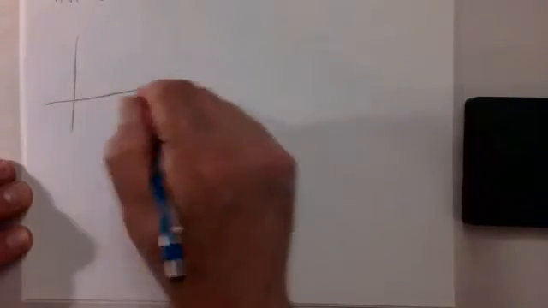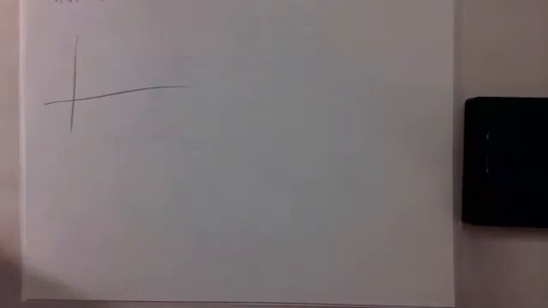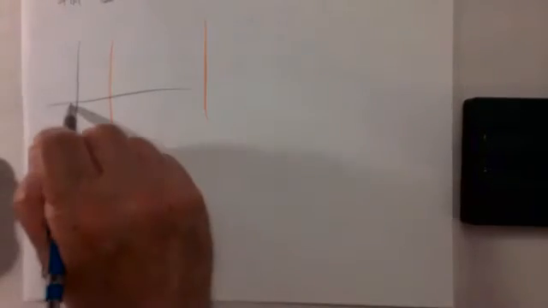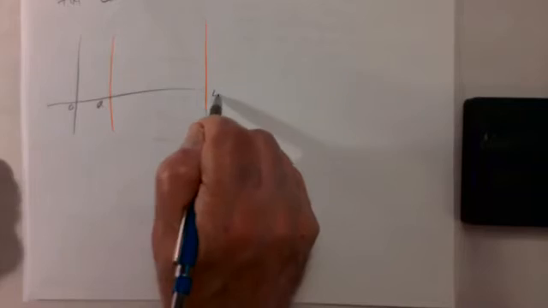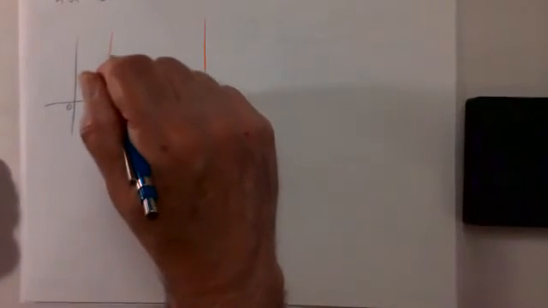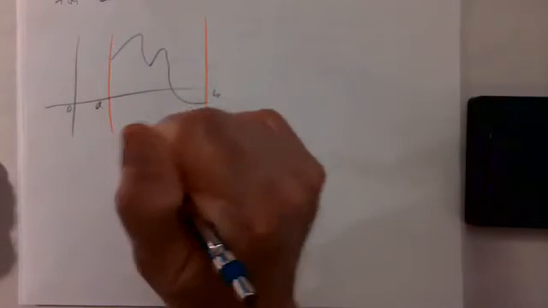Now, suppose you have f of x defined maybe just on a closed interval, say x between a and b. Let's say this is 0, A, and B. And the graph of the function looks like that.